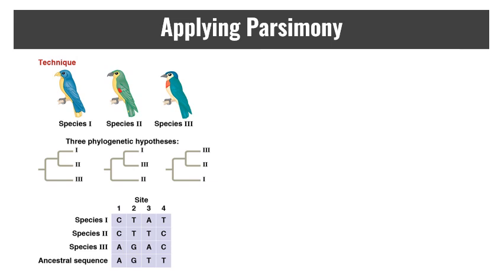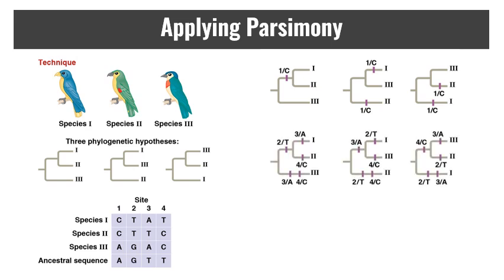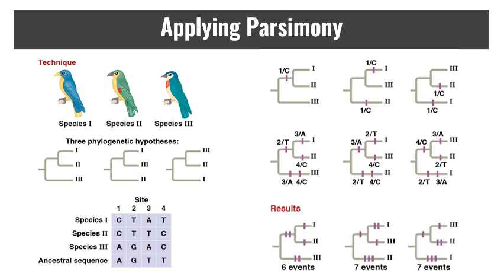If I plot out these changes on each of my possible trees, the first nucleic acid is a C, which is a mutation change from the A that the ancestor had. I plot out the second, the third, and the fourth, and you keep going through all of them, looking at the number of results. The first tree took 6 evolutionary events to occur, the other 2 took 7. So the first tree would be the one that is the most parsimonious.